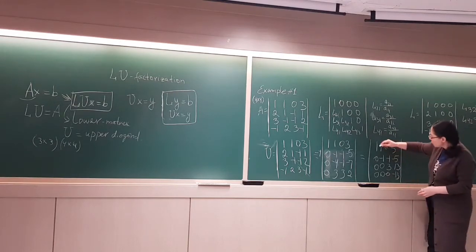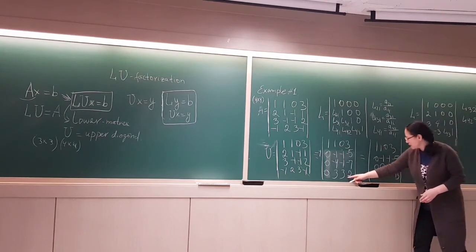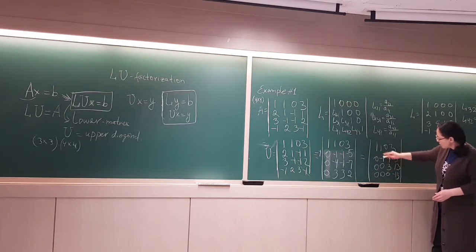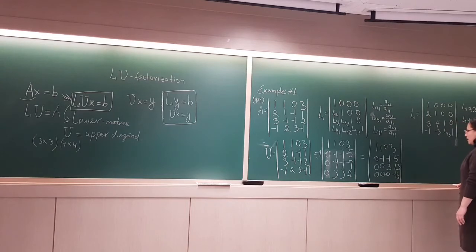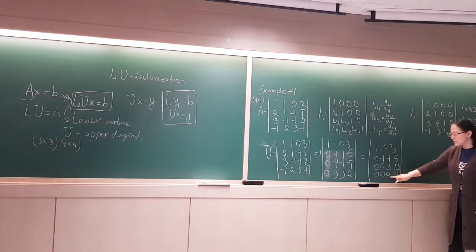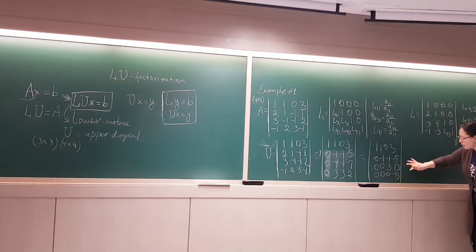Now we can see this automatically becomes 0. Now we see this, we need to find this one. Because of this 0, it will be for L43. After this we need to find L43.